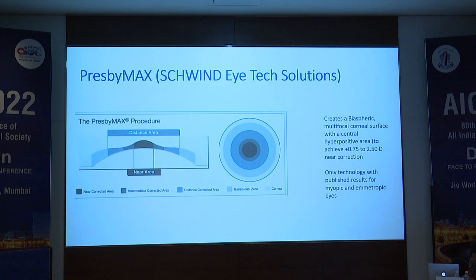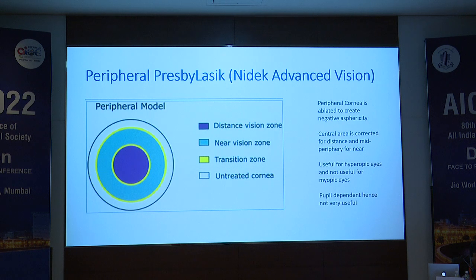Most of the other Presby LASIK technologies that have been published are in hyperopes, and they have, of course, very good results over there. Now, the Nidek people thought that in all these earlier technologies, since the central zone was corrected for near, it always led to a compromise in the distance vision. So what they thought very smartly is, let's keep the central vision corrected for distance, and the peripheral zone in the cornea, let's correct it for near.